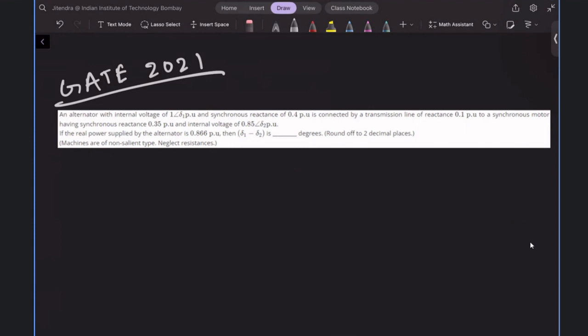It is an alternator, right? So now you have to think in terms of a generator with internal voltage of 1 angle delta 1, and synchronous reactance is given as 0.4 per unit. What do you mean by internal voltage, by the way? Internal voltage is nothing but your excitation EMF, right?